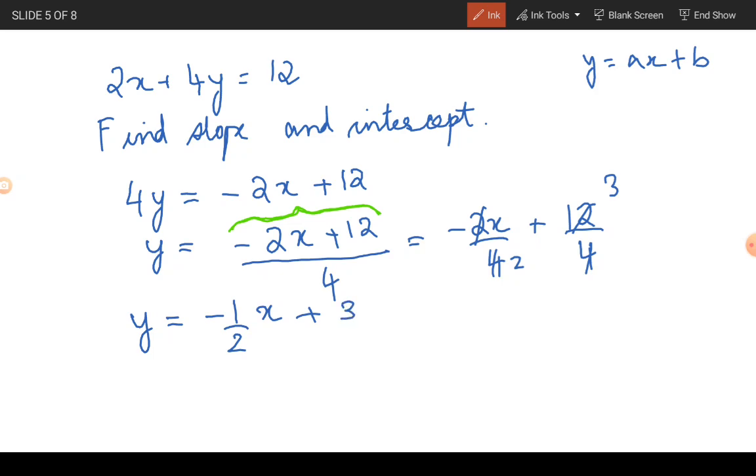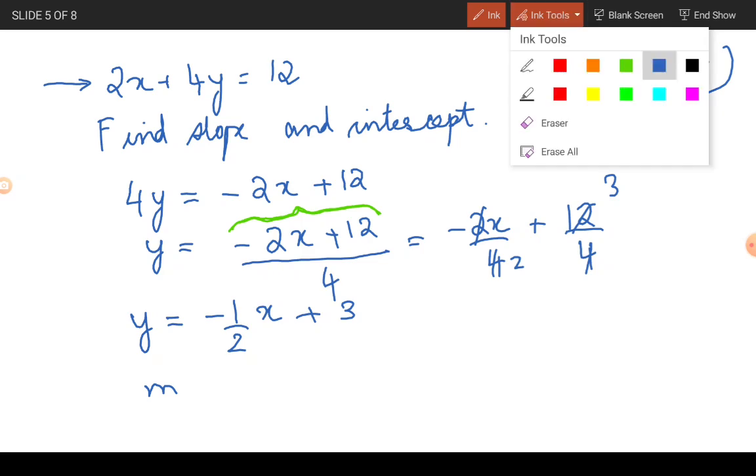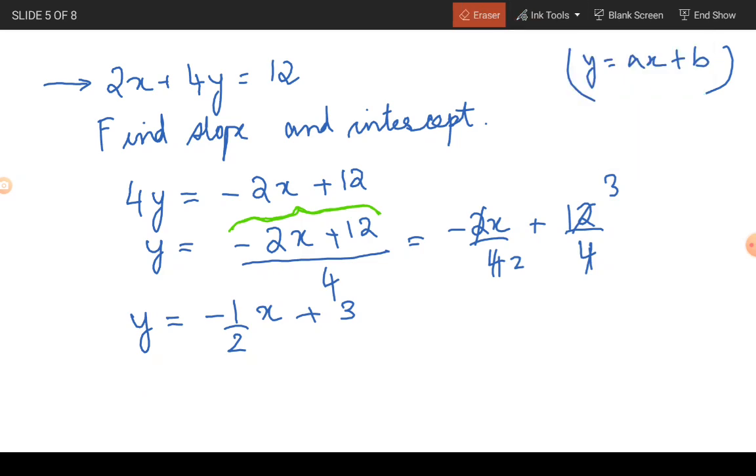So simply by transforming this equation into the general form, I can understand what the slope of the equation is.